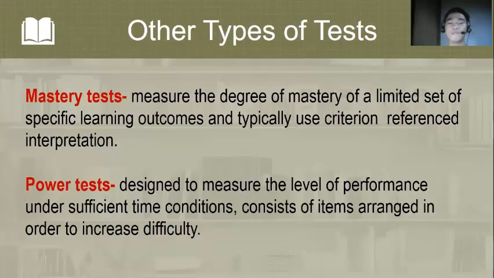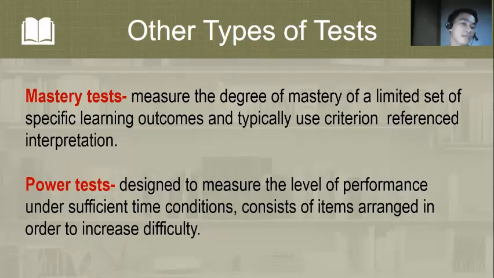So what's the purpose of power test? From the word power, it measures your level of performance under sufficient time, condition, and consists of items arranged from easy to difficult. So there is an increasing difficulty. Take note of the key terms.